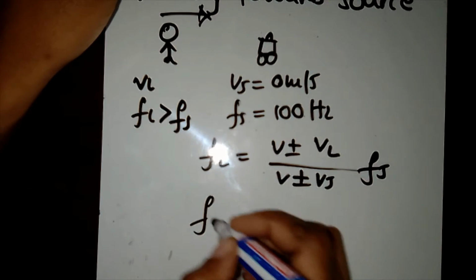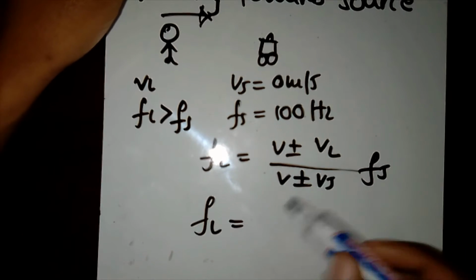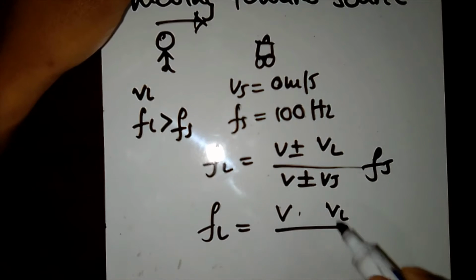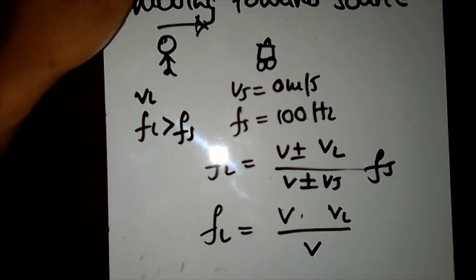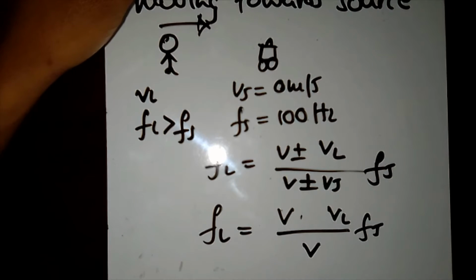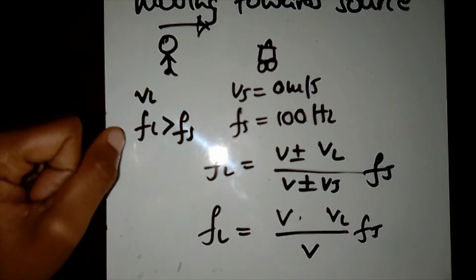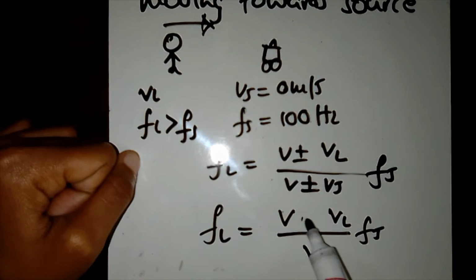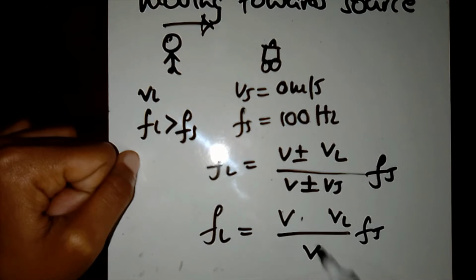So now let's rewrite it again. You say, okay, so I have V, you omit any that for now, and then you divide. The source is stationary, so at the bottom you are left with V, and then you have the frequency of the source. So now we can agree that for FL to be greater than FS, we have to divide by a lower number.